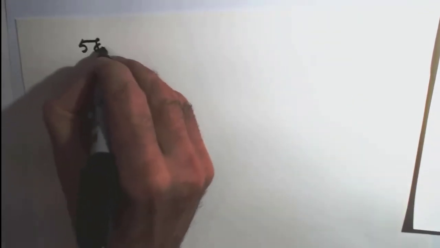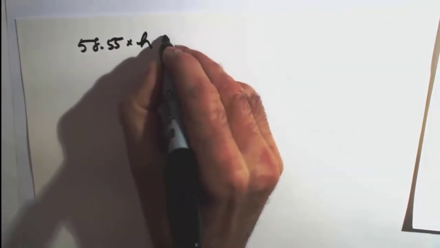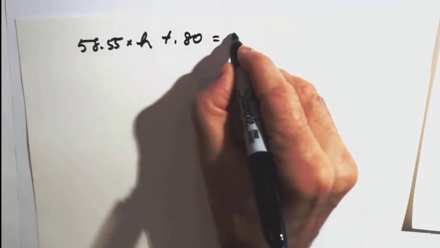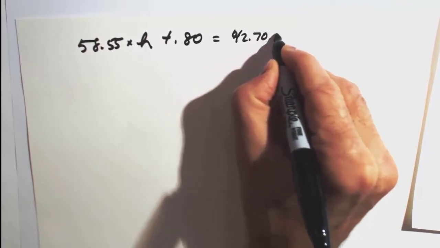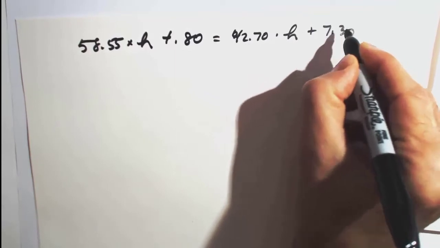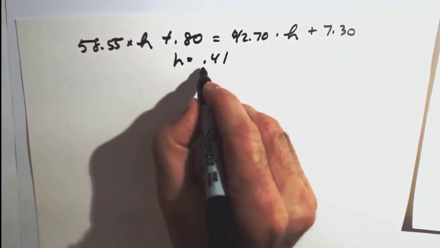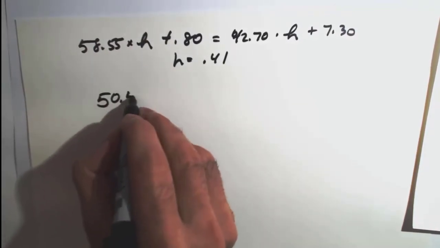So 58.55 times H, which is what we're going to solve here, plus 80 cents that we calculated a minute ago, equals 42.70 times H, which is what we're solving for, plus 7.30. H equals 0.41. Okay? Now, create that riskless portfolio.